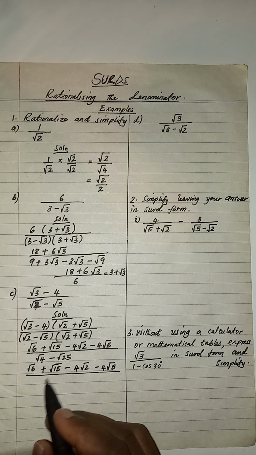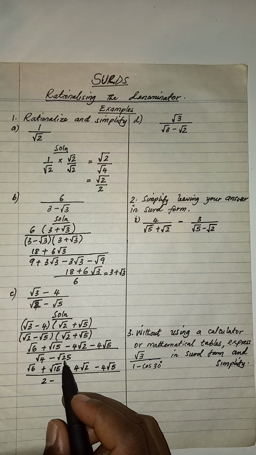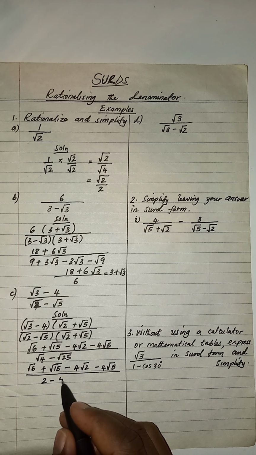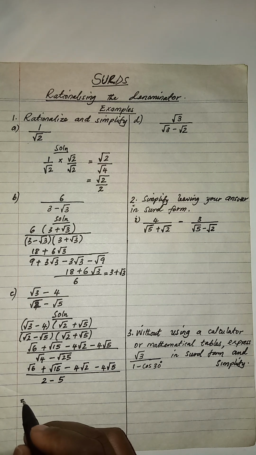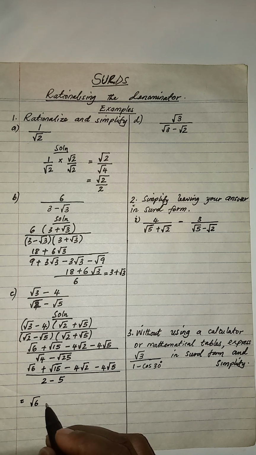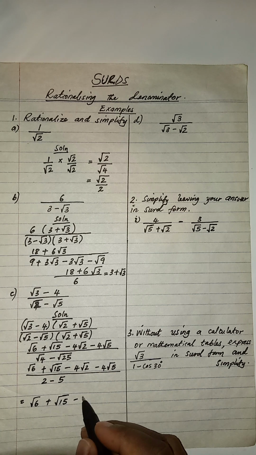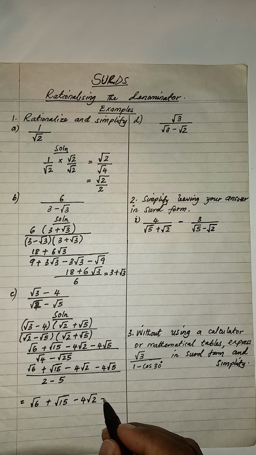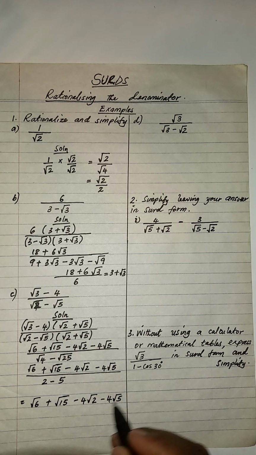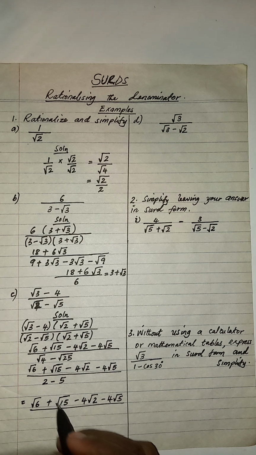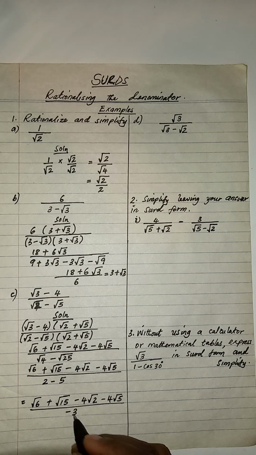The square root of 4 is 2, minus the square root of 25, which is 5. So our answer will be root 6 plus root 15 minus 4 root 2 minus 4 root 5, all over 2 minus 5, which gives us minus 3. And we have simplified. We are not able to add or subtract any of the surds because the numbers under the root sign are not the same.